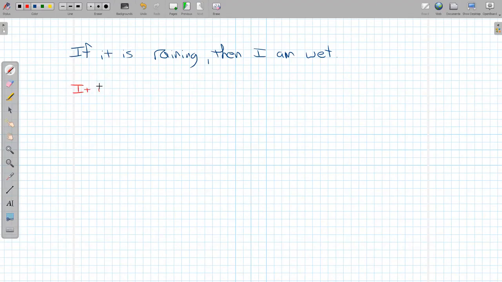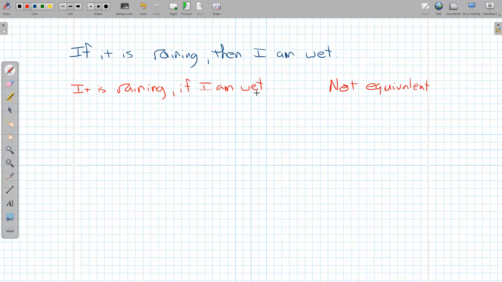It is raining if I am wet. So this is not equivalent to the one above, and I'll try to explain why. The if is not connected to raining anymore. And so then we've definitely changed things.